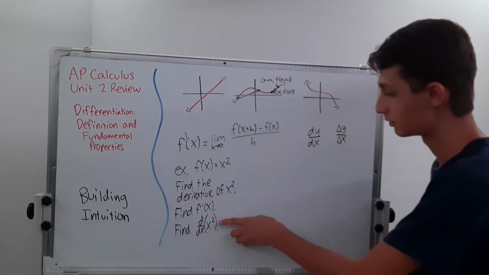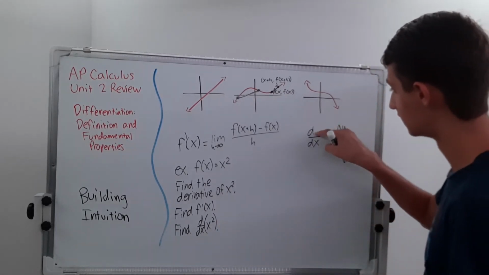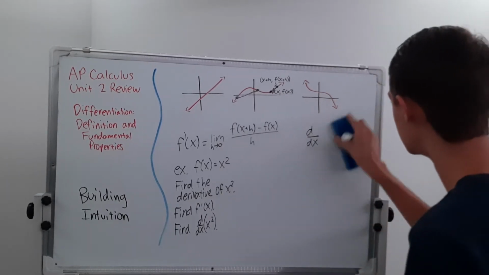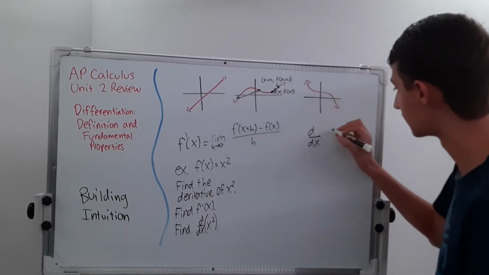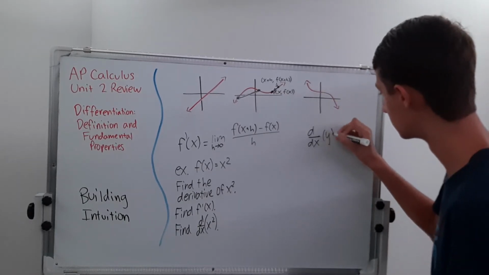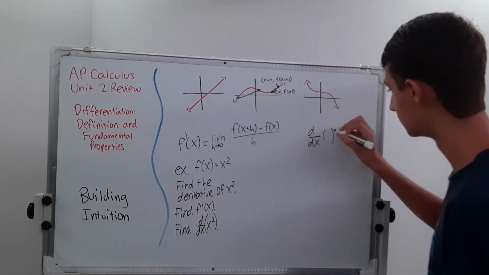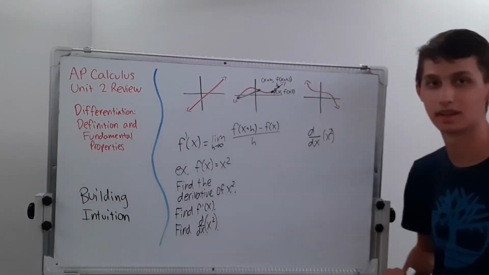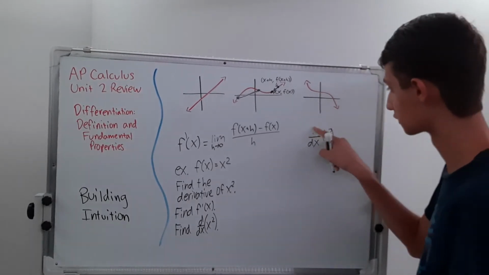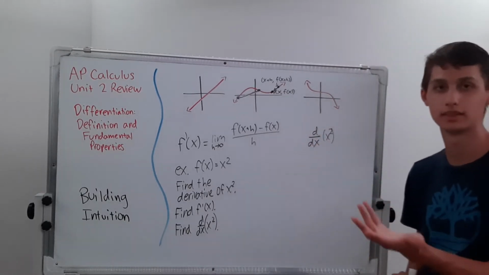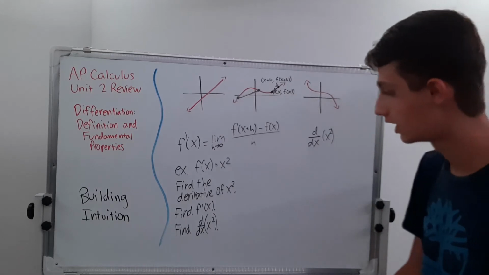And so whenever you have this d dx, without the y, let me actually erase this too, your y can also be down here, right? And so if our y is just x squared, you can just replace that. So you have d dx of x squared. So yeah, that's different ways of saying the same thing.